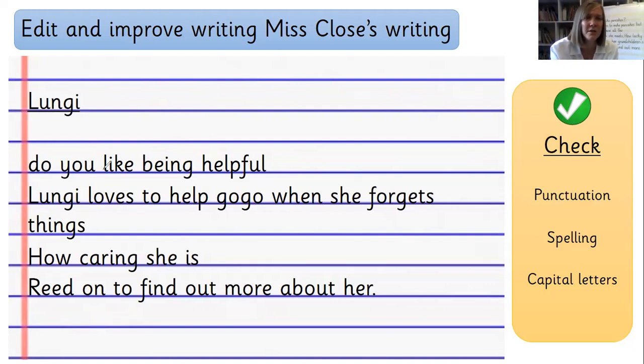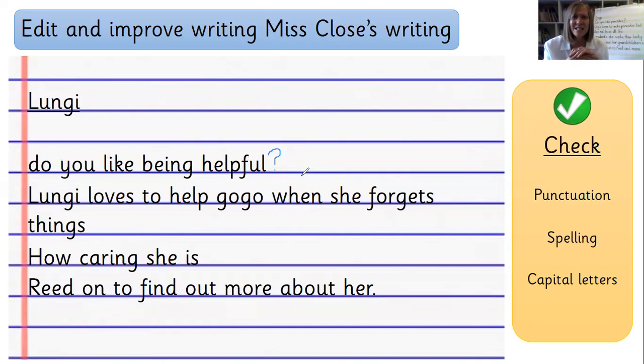Do you like being helpful? Let's have a look at our checklist. Punctuation? Miss Close, what have I forgotten here? I needed to make sure that I had my question mark. Check your introduction. Did you have your question mark in the right place? Great job if you did.